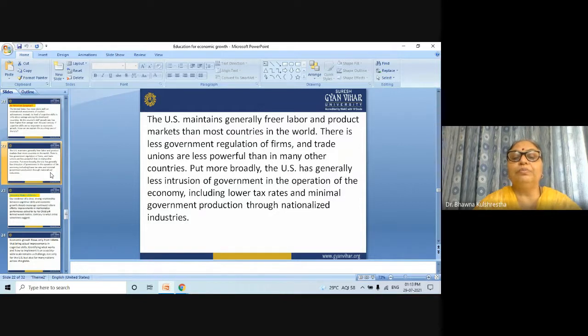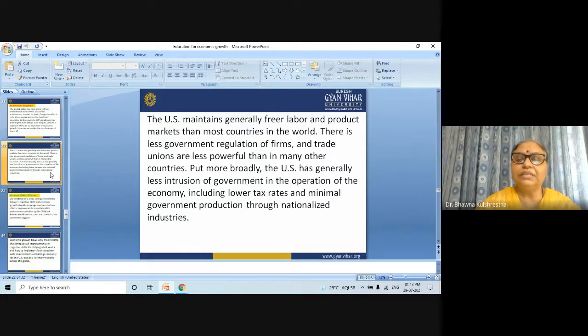Put more broadly, the US has generally less involvement of government in the operation of the economy, including lower tax rates and minimal government production through nationalized industries.